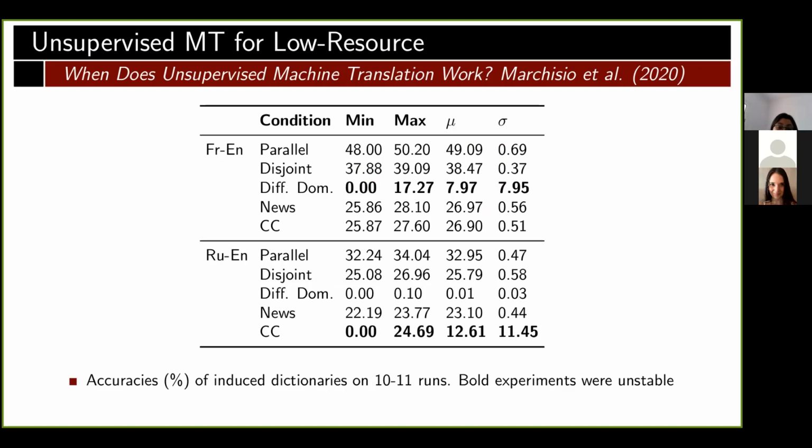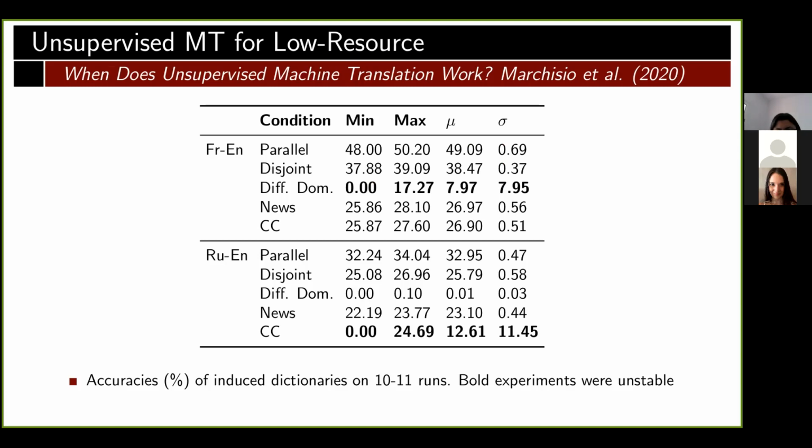They did this with the configurations that we have seen: parallel, disjoint, different domains, only one corpus, news, only one corpus, and common ground.